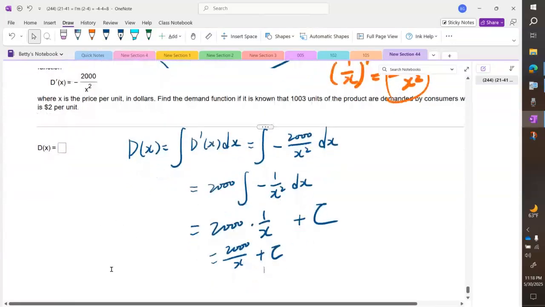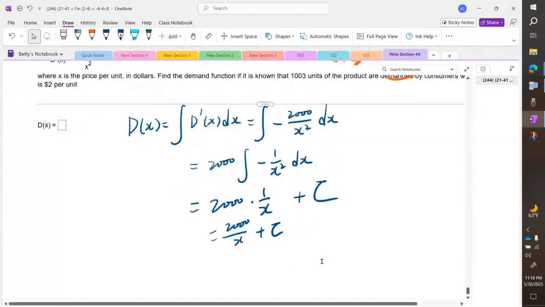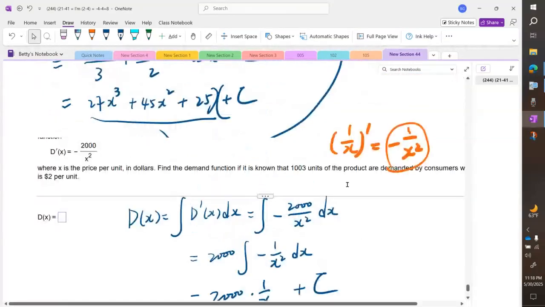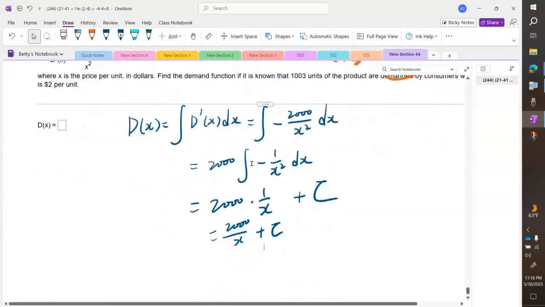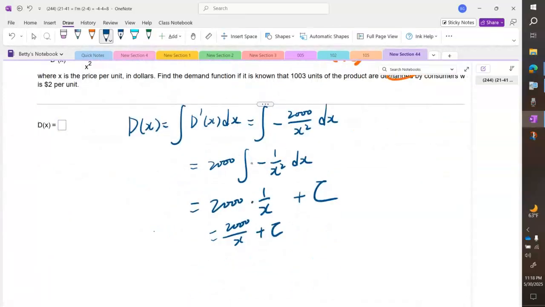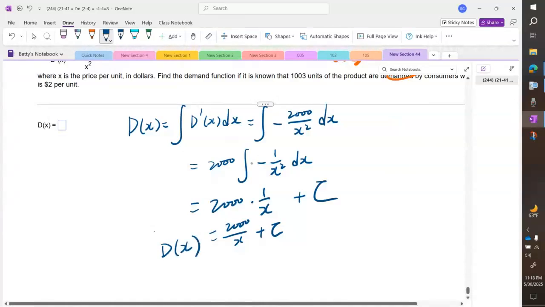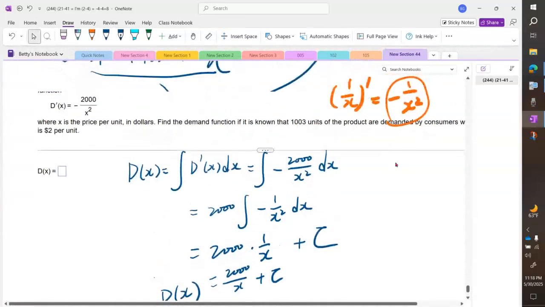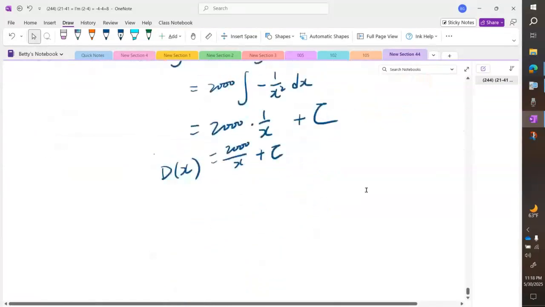We won't have the demand function unless we know the value of c. How do we find c? We have a piece of information. It says when the price is $2 per unit, the demand is 1,003.